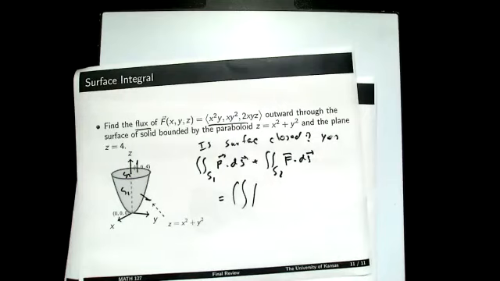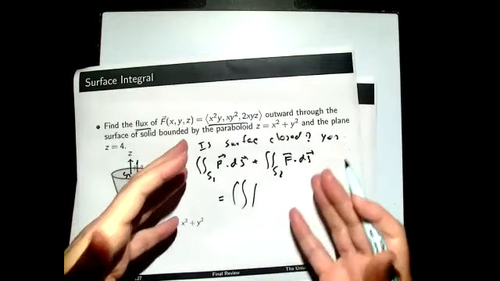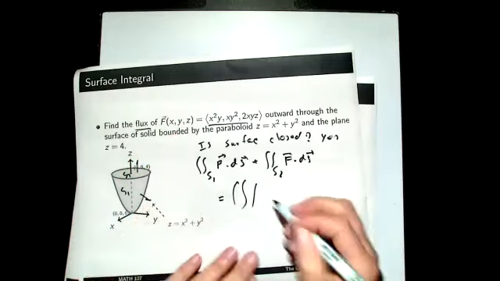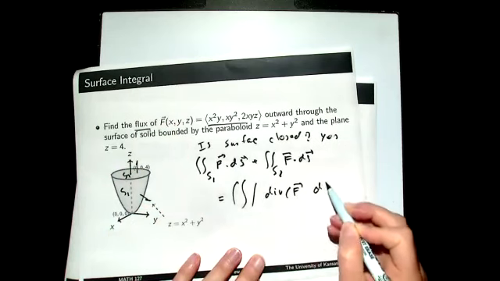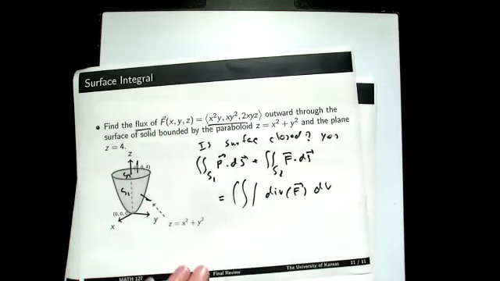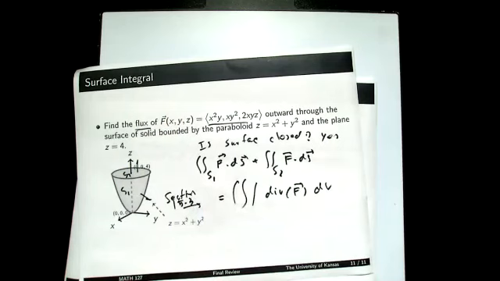It says you do not compute that, because the easier way is just to find the divergence of F within as a triple integral. This is a triple integral from section 15.3.